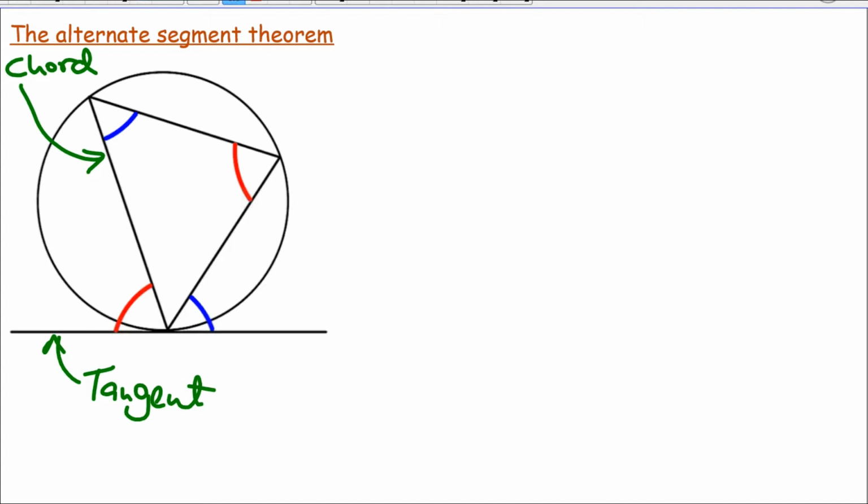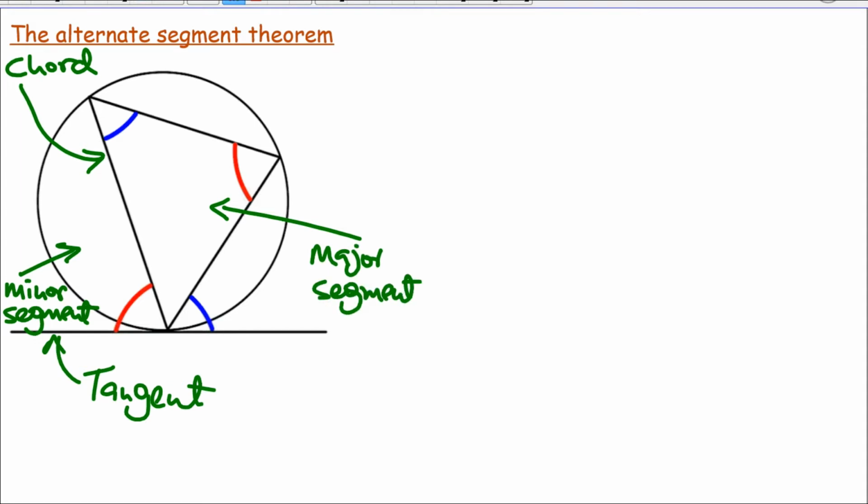This part here will be called the minor segment. And then this part here will be the major segment. Okay? So we have a chord dividing a circle into two parts.